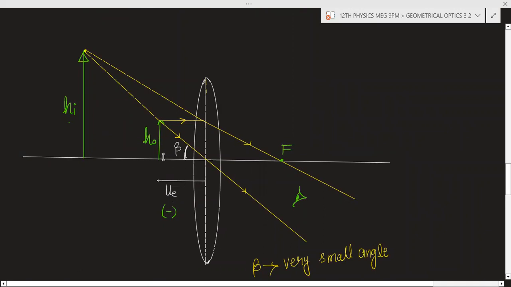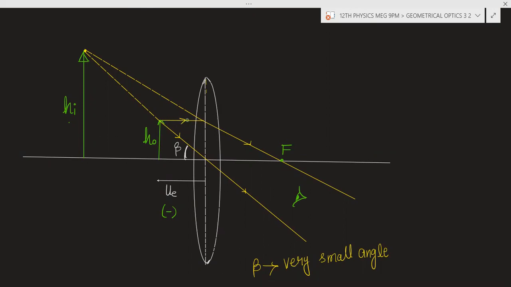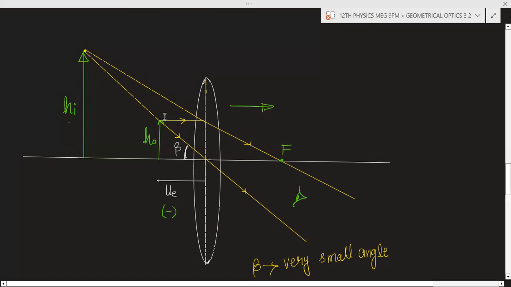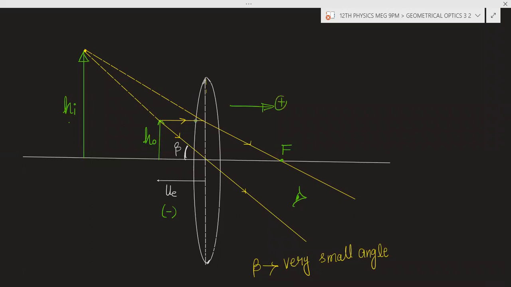Because I told you the sign convention. In the sign convention, the direction of the incident light will be positive. So the incident light is in this direction, and this direction will be considered positive.